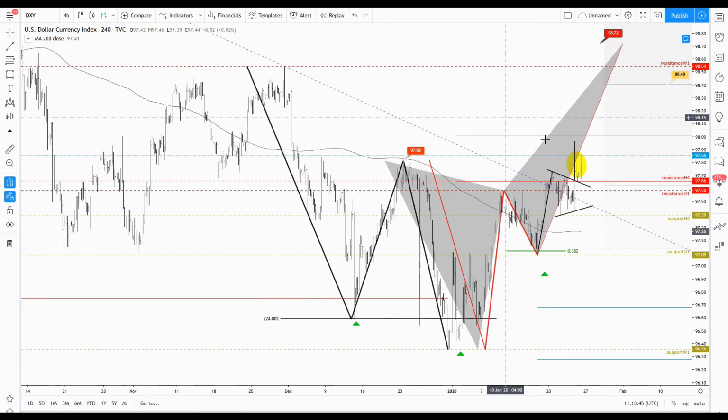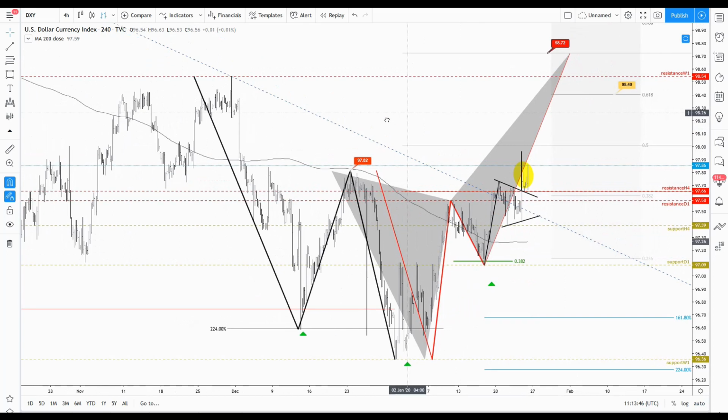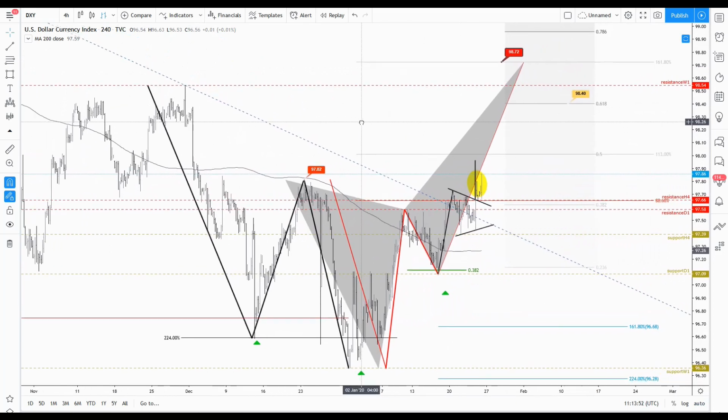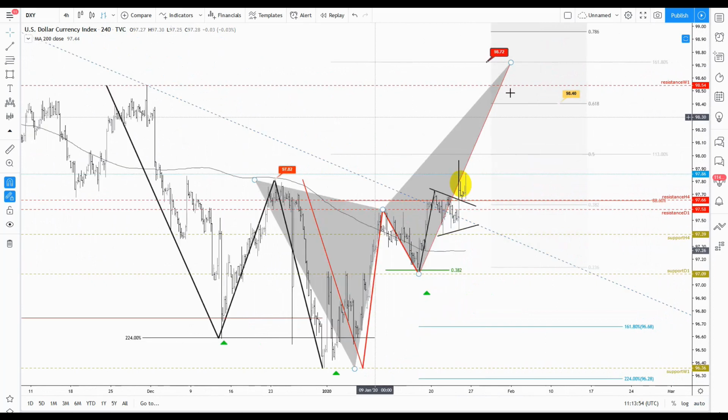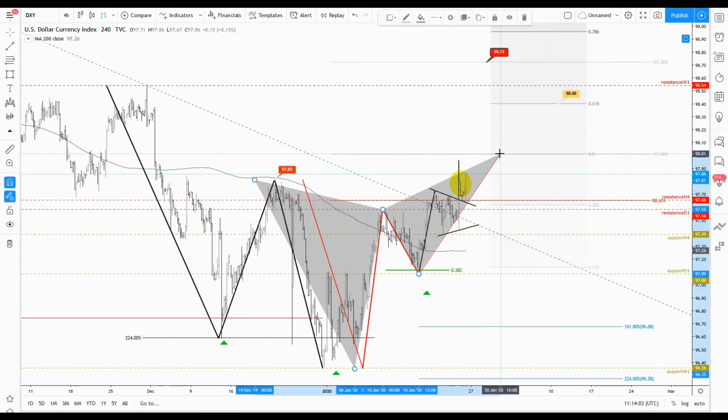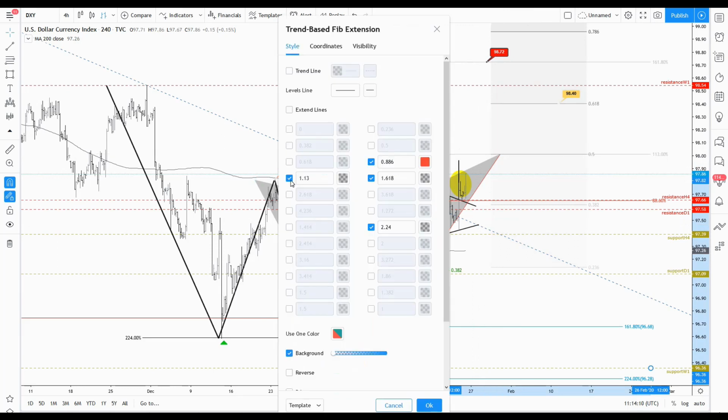If that happens, we have also some eventual pressure zones for the Dixie. First of all, and very close to the default projection for this triangle there, one eventual, actually it's not correct. I don't need this 113% fib.